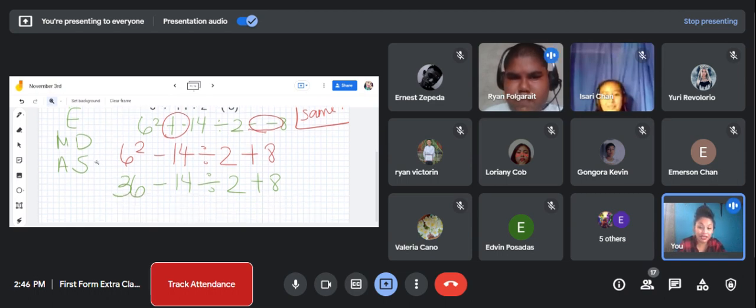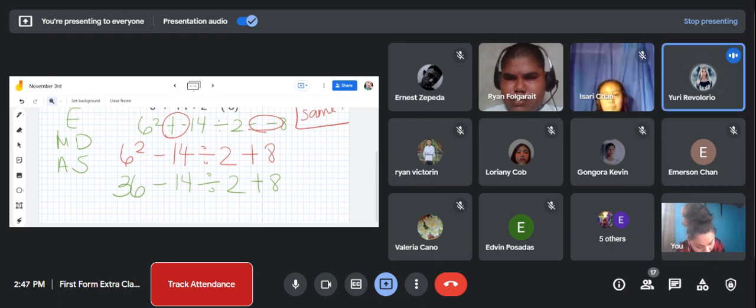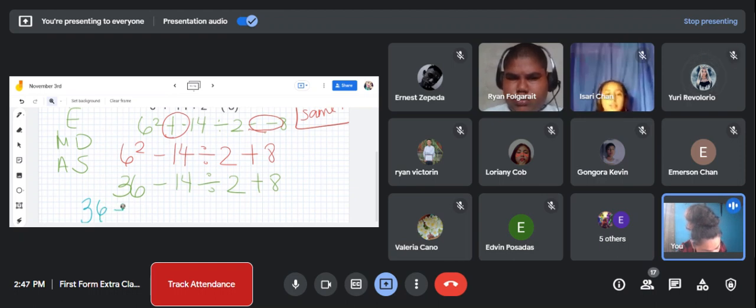Now multiplication and division, and I see a division, so I'm going to be doing a division right here. What is 14 divided by 2? 7. So I'm going to have 36 minus 7 plus 8. Now what do I do now?